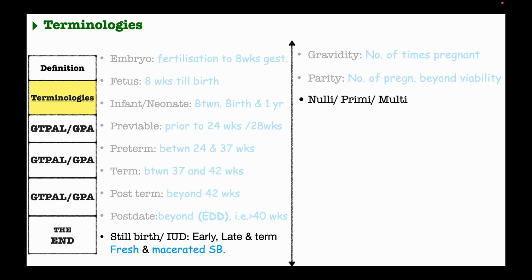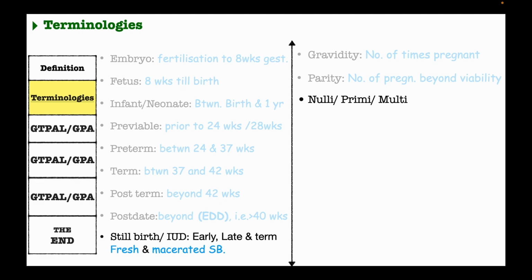So this will be a nulliparity. And a primiparous woman is the woman who has a history of one completed pregnancy that went beyond the period of viability. That is more than 24 weeks of gestation or 28 weeks of gestation, and the birth weight was more than 500 grams.